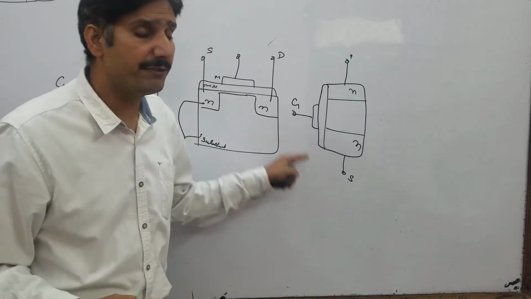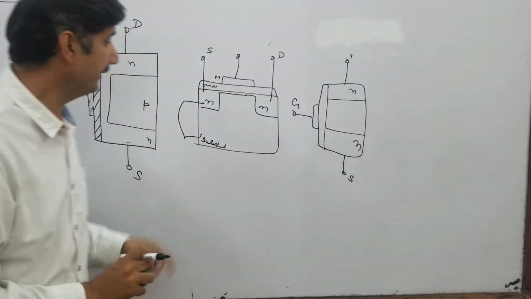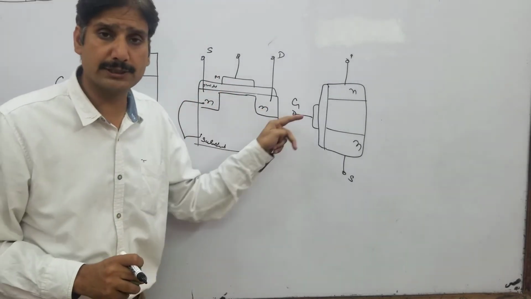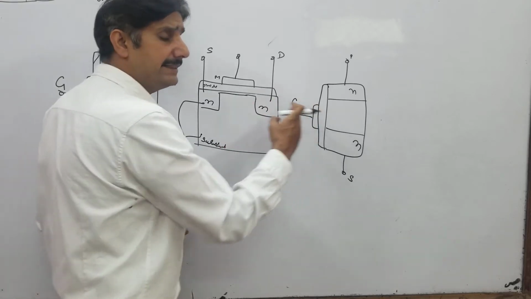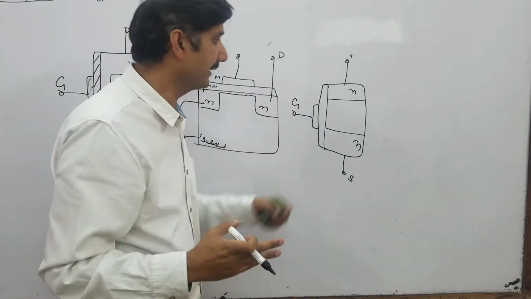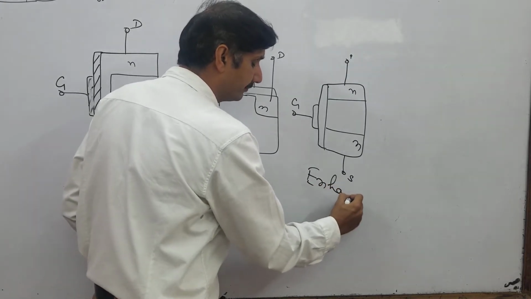Now there is no physical channel connecting the source and drain. When there is a physical channel connecting source and drain, that is what we call a depletion type MOSFET, and when there is no physical channel connecting the source and drain, that is what we call enhancement type.